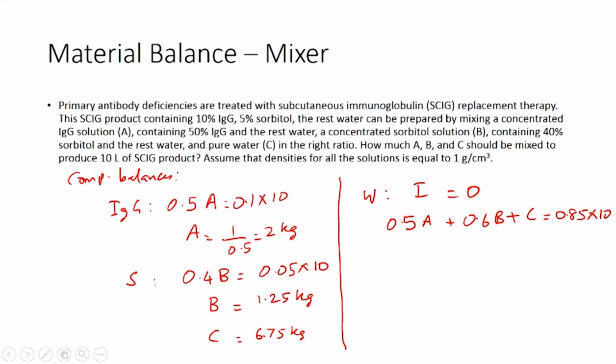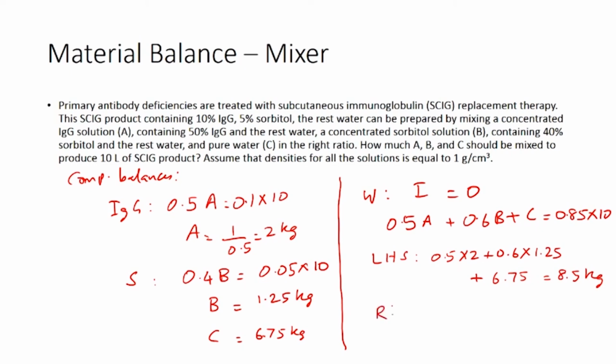Now, these values of A, B and C can be plugged in to see whether this equation is valid. So, your left hand side would now become 0.5 times 2 plus 0.6 times 1.25 plus 6.75. This adds up to 8.5 kilograms.